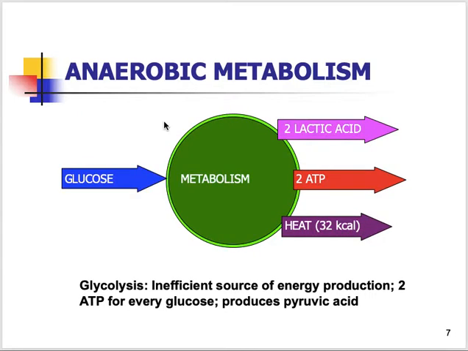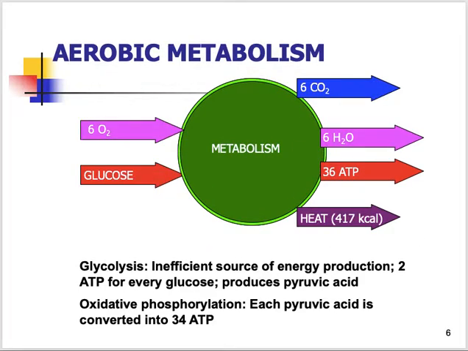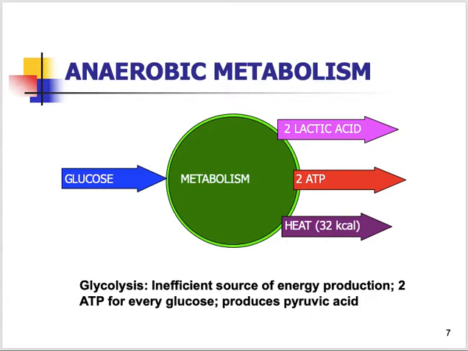Once they switch to anaerobic metabolism, there is no oxygen, and glucose is diverted towards the lactic acid pathway. In simply anaerobic metabolism, the glucose yields 2 lactic acids and 2 ATPs, and in the aerobic one you can see 36 ATPs. See, there's a huge difference.